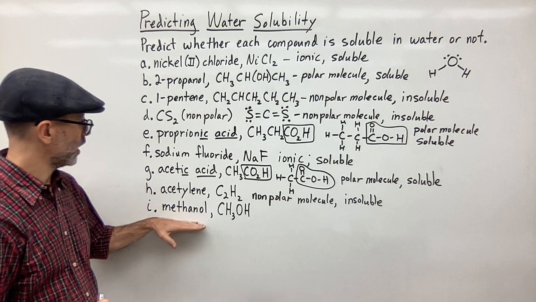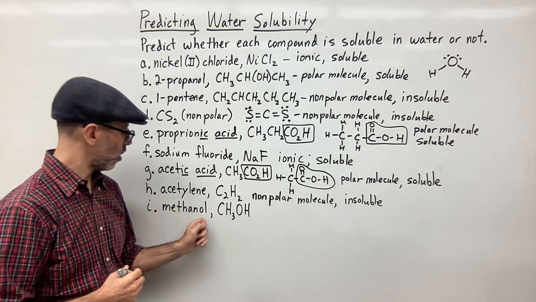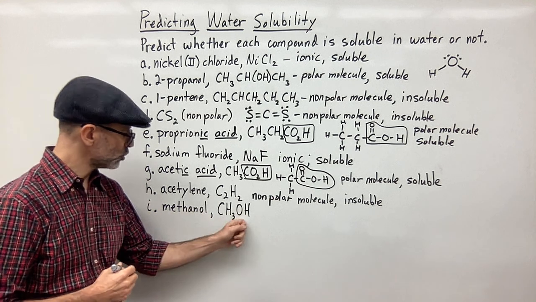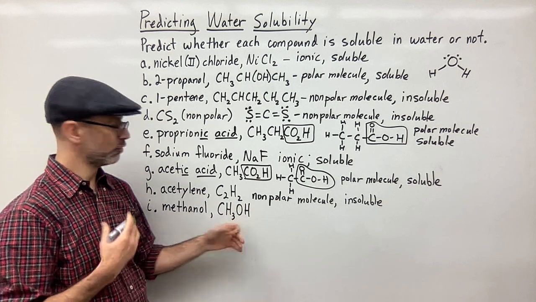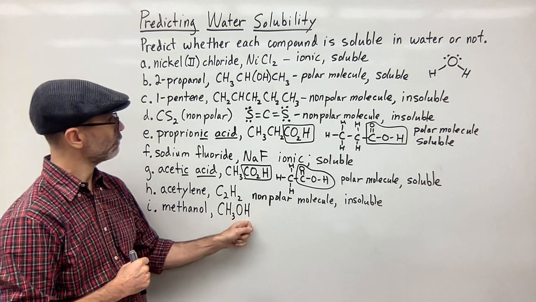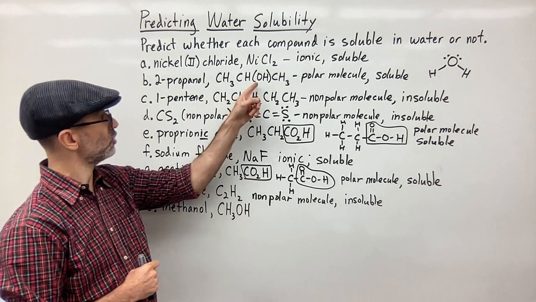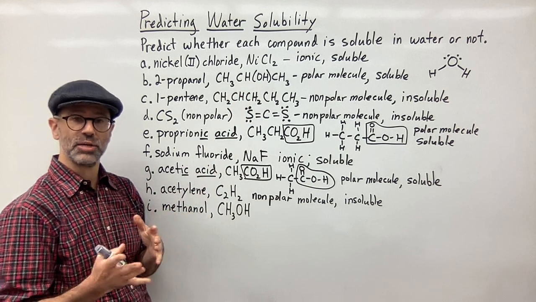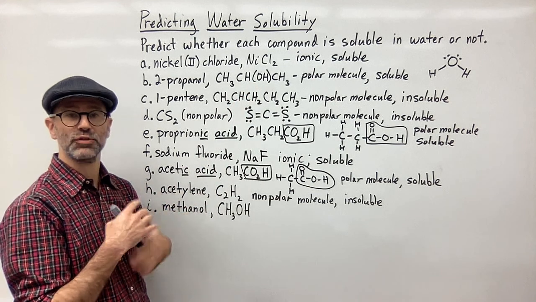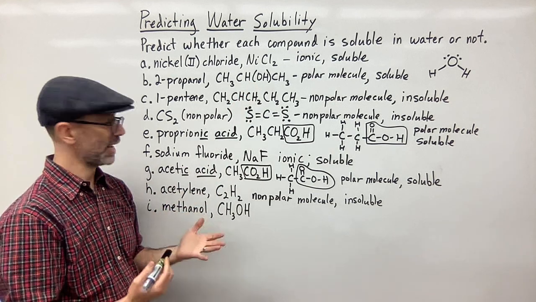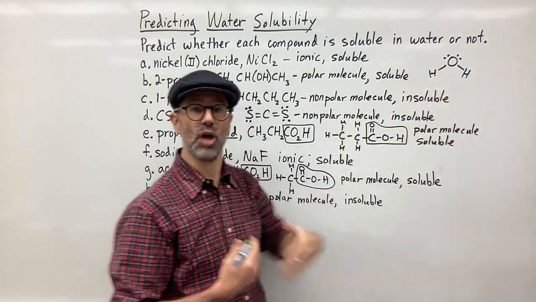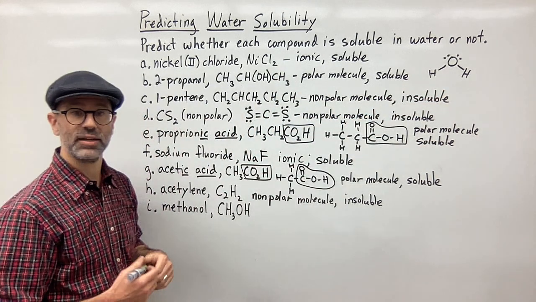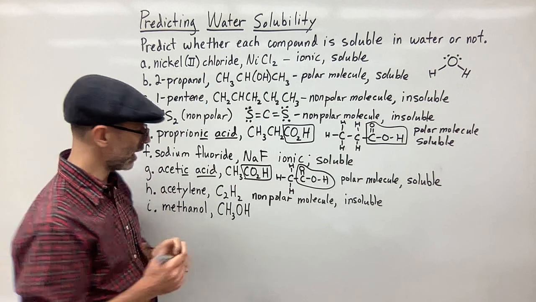And methanol, here we have methanol. Again, "OL", we have the OH group, we have an alcohol. So the oxygen here allows for the polarity also. I think I forgot to mention up here, the OH, we have hydrogen bonded to oxygen. So that allows for hydrogen bonding. So again, similar to the attractive forces of water, which also has hydrogen bonding. So like dissolves like.